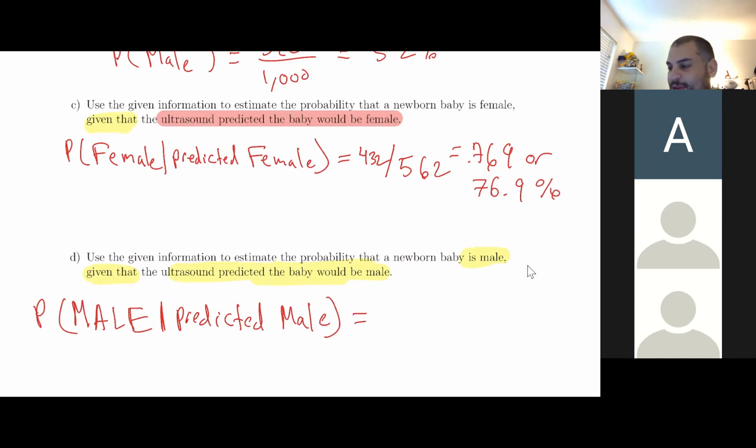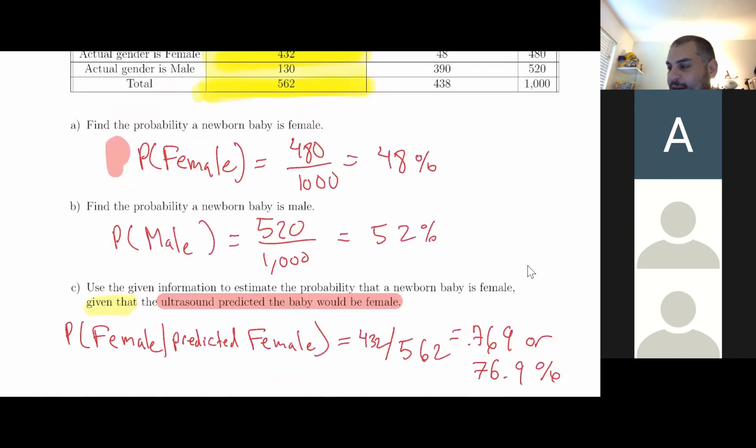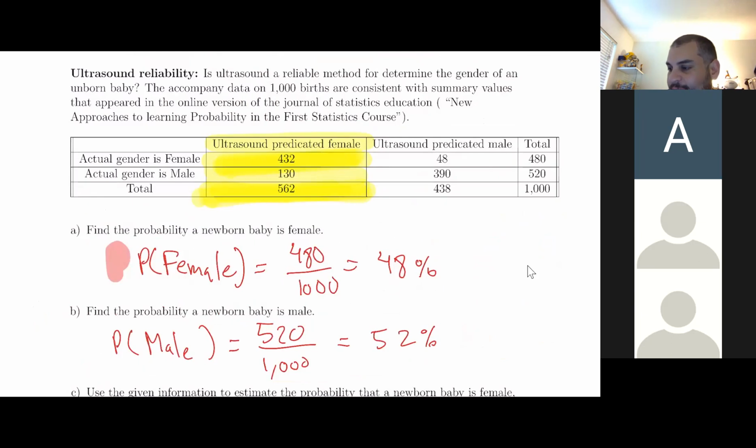All right, so I'm going to scroll up. For that, we could start getting our numbers. For this one, we're going to focus on ultrasound predicted male. So how many total babies were predicted to be a male? Remember, you can just put it in the chat.